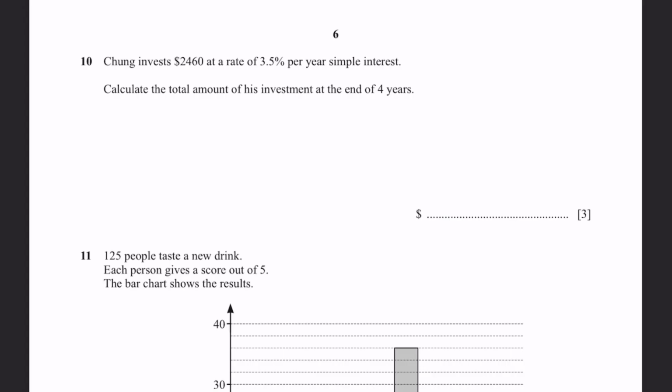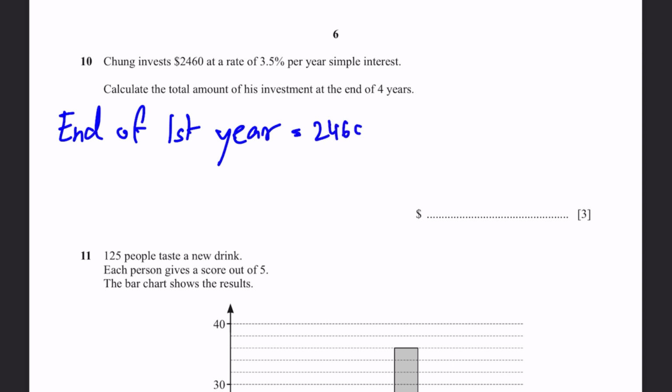Question 10. Chung invests $2,460 at the rate of 3.5% per year simple interest. Calculate the total amount of his investment at the end of 4 years. So let's start with end of first year equals 2460 plus 3.5% of it.